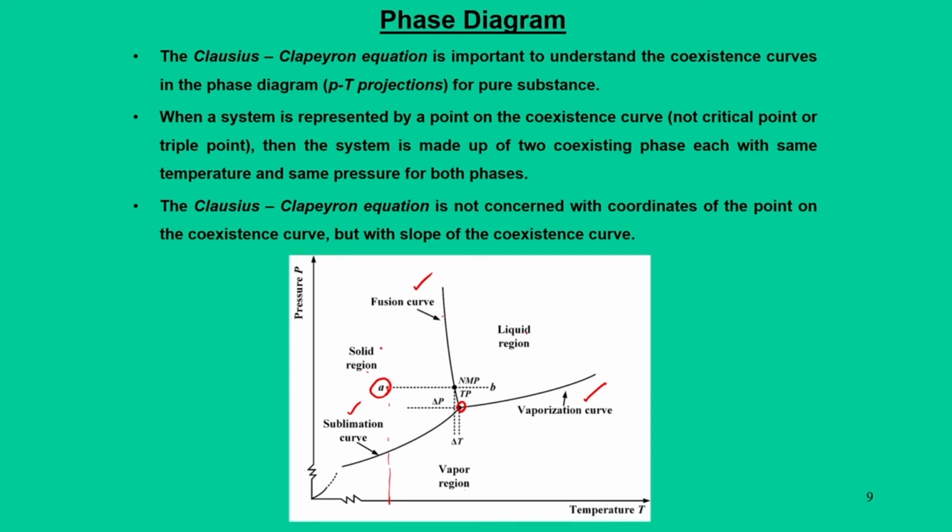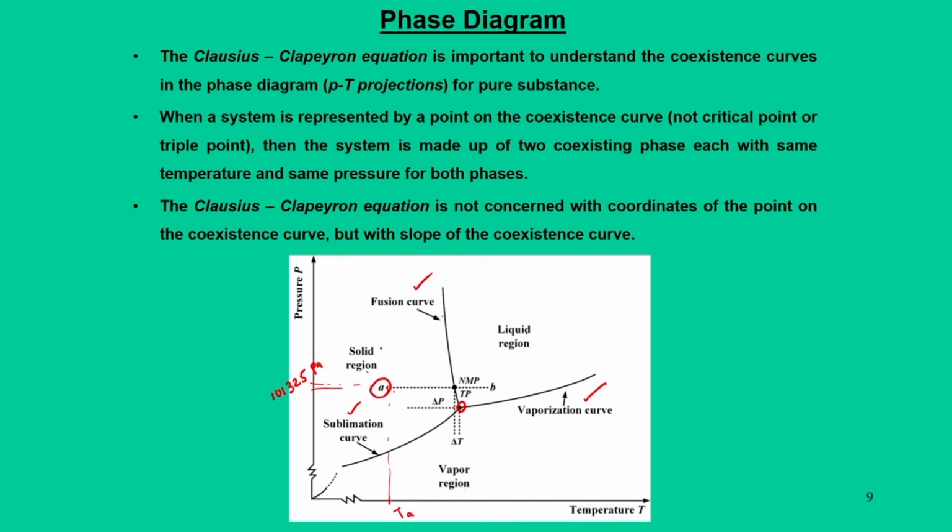Now if you heat this piece of ice at constant pressure, let us say I am doing it at atmospheric pressure, 101,325 Pascal.